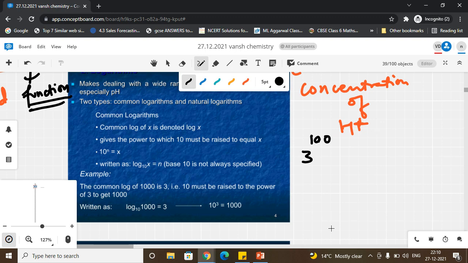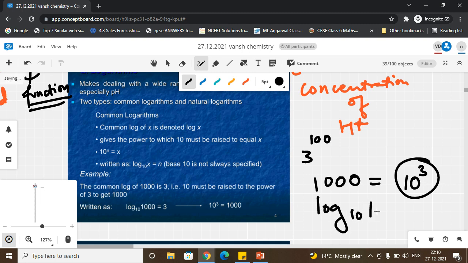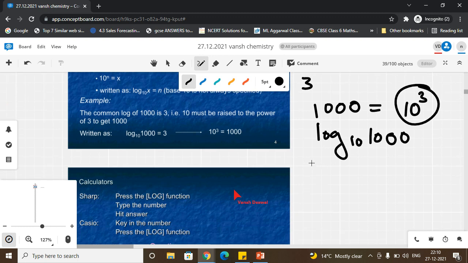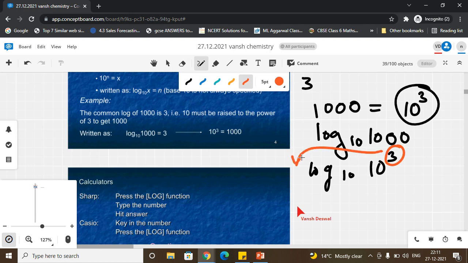Log gives the power to which the base must be raised. Suppose I'm writing 1000. I can write 1000 as 10 raised to the power of 3. So if I want to find the value of log base 10 of 1000, there is a property of log: the power will come in front.